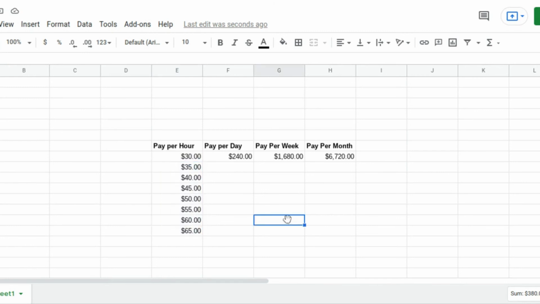Now, that being the case, we can do the same when it comes to autofill right across the line for these. Because here, we also have a formula. It's linked by formula here.